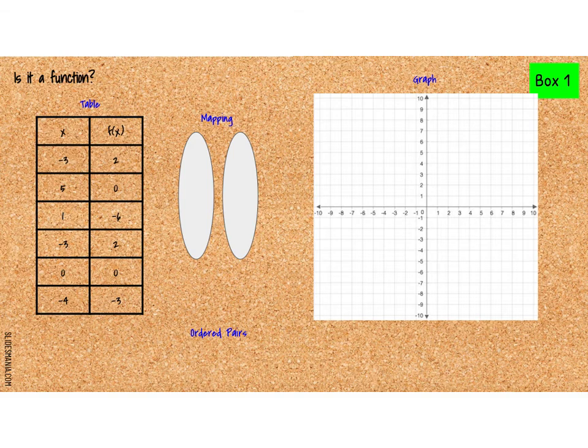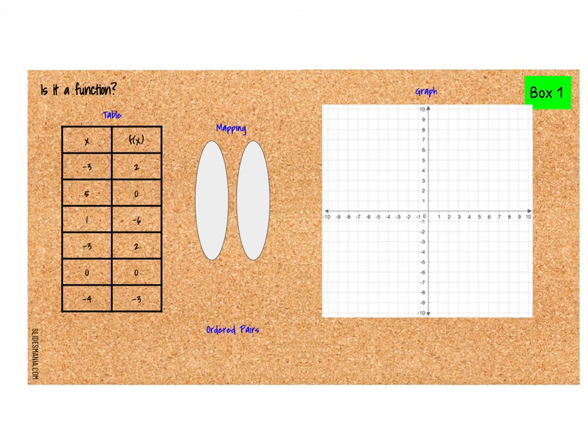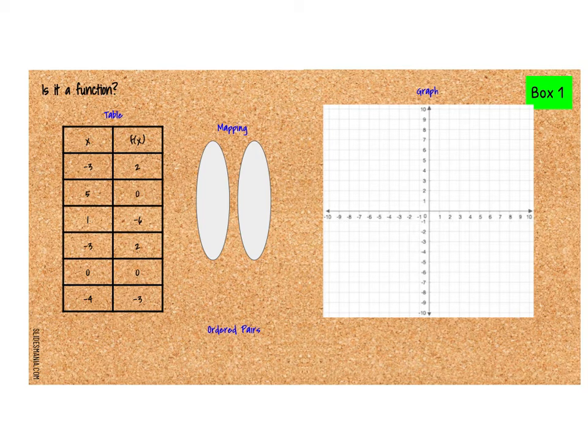All right, so in box 1, you have the question, is it a function? The other day I spent a few minutes showing you how we can represent a function. We can use a table, we can use mapping, we can use a graph, and we can use ordered pairs. Just different ways to represent our data.